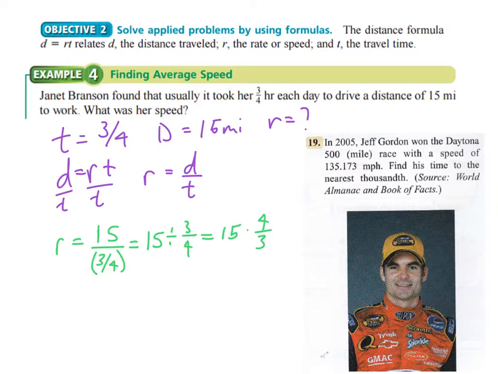So you can think your way through that to the point where it should make sense. And then we should be able to come up with the 20 as the answer. 4/3 of 15 is 20. And so that's 20 miles per hour. And so that would be Janet's average speed.